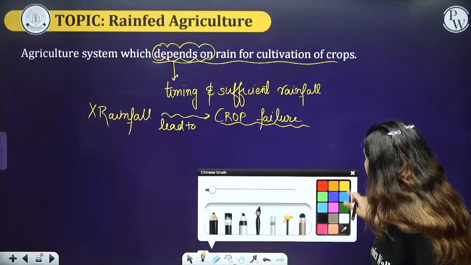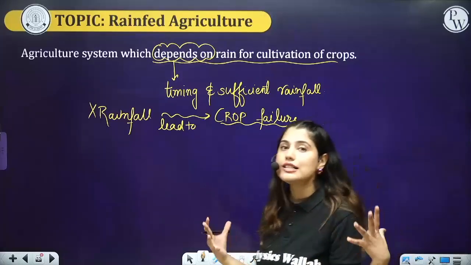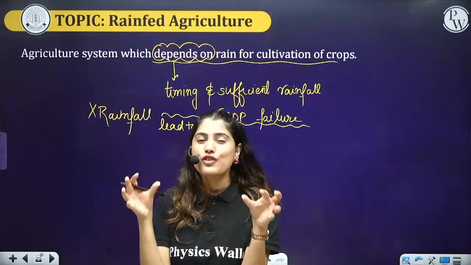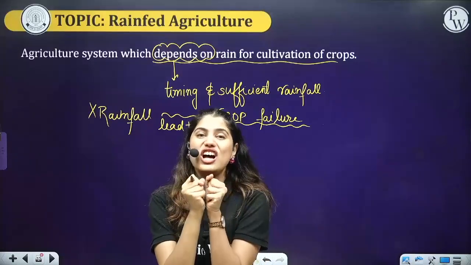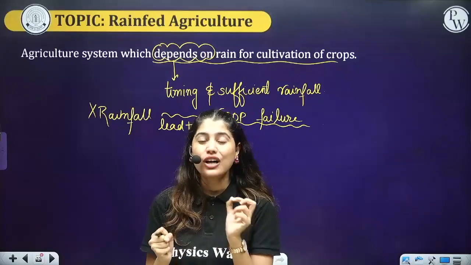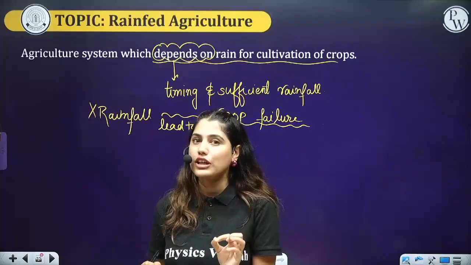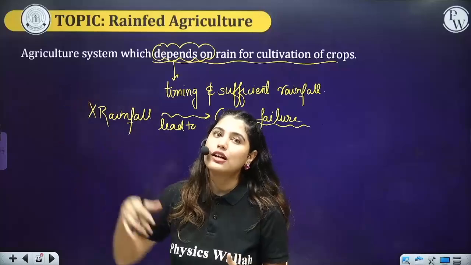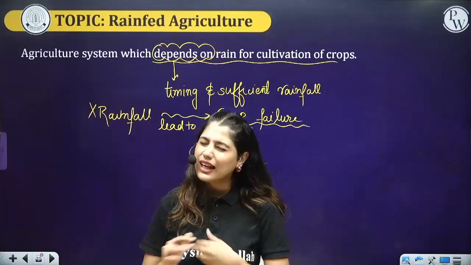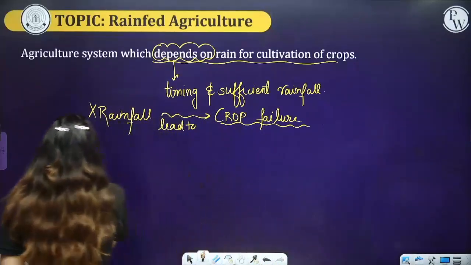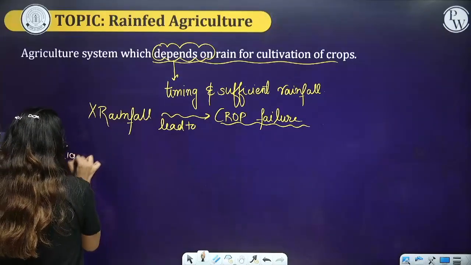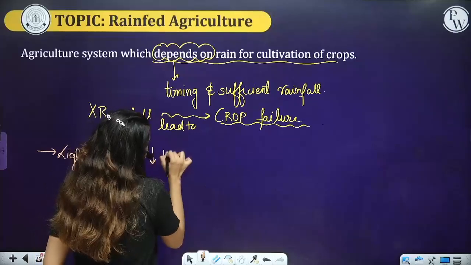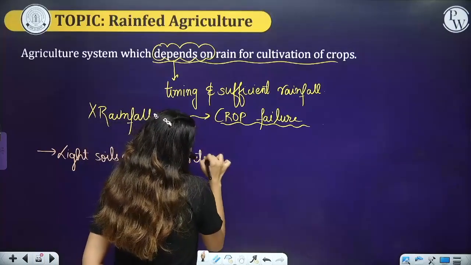Now guys, remember one more thing: there are certain soils, like the sandy soils, the dry soils basically, which cannot hold much water, which have very low water retention capacity. If they already cannot hold water, and rainfall is less, what will happen to them? They are going to be damaged. So I can say the light soils have less water retention capacity.